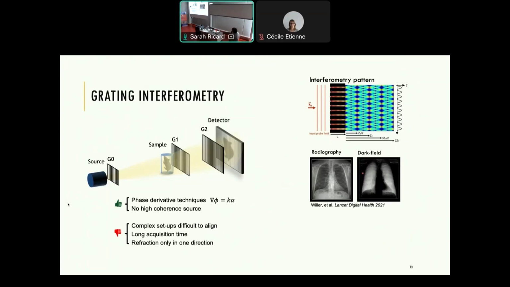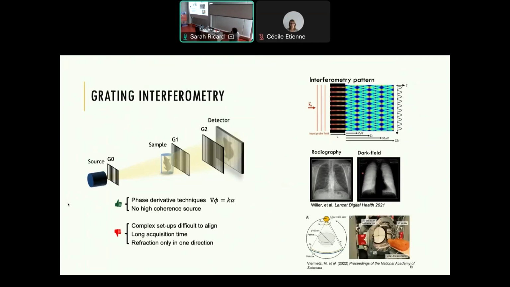And you can image directly these phase contrasts in radiography. Interestingly, they published in 2022, two years ago, a system that allows you to image a patient within a rotation gantry.